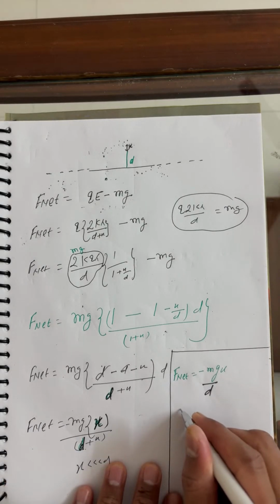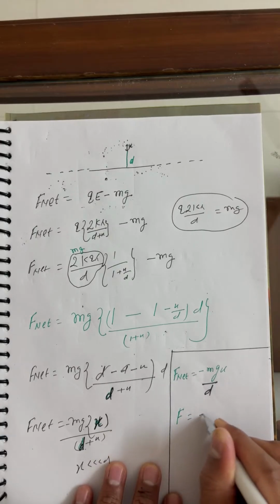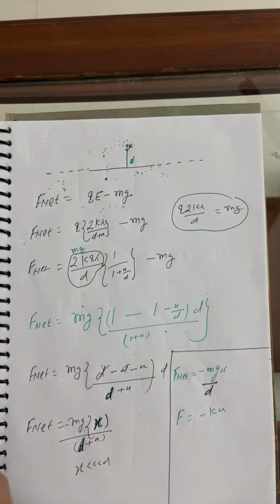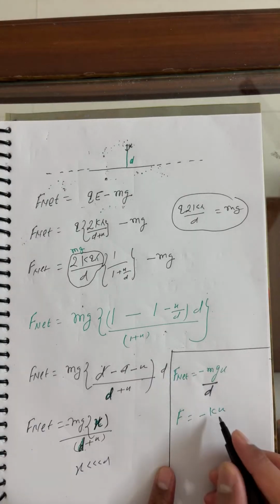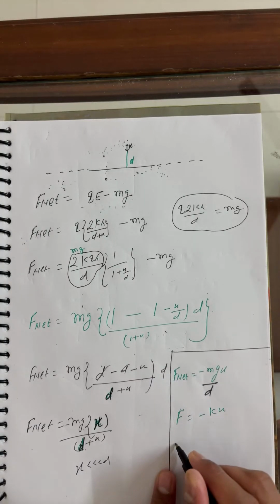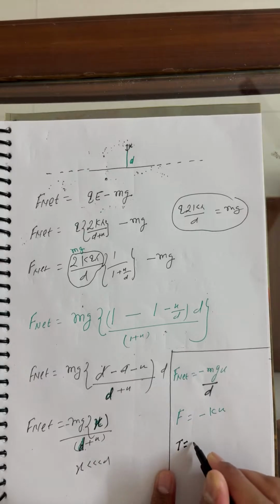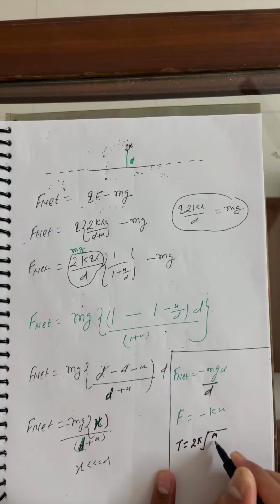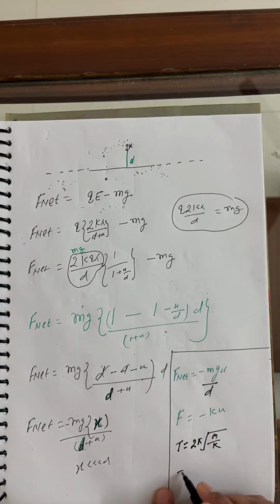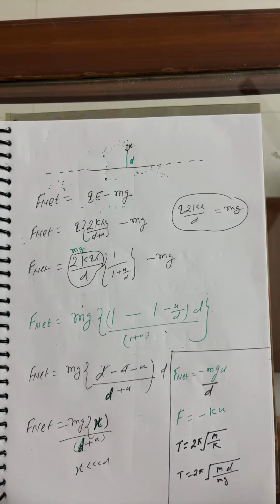So finally, you can compare this result with the normal equation of SHM, where F is equal to minus kx. I hope you remember the time period for SHM is 2 pi root m upon k. Here k is mg upon d.